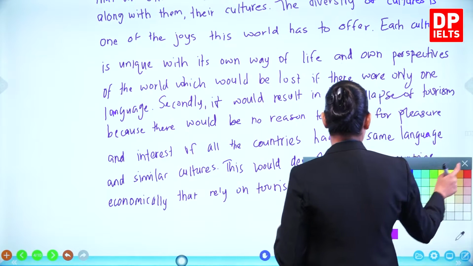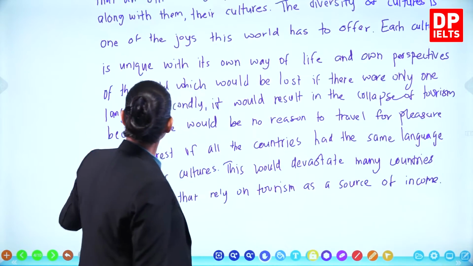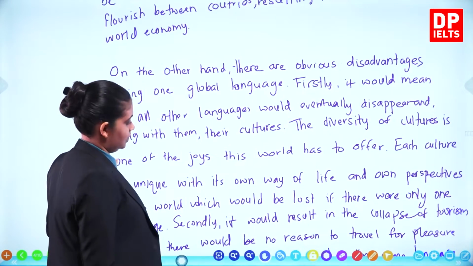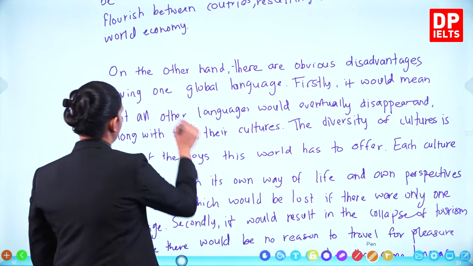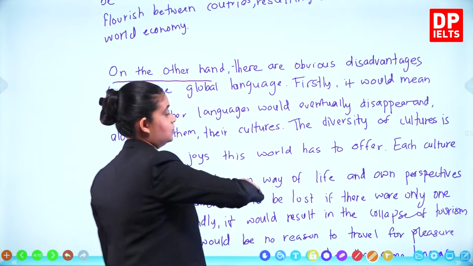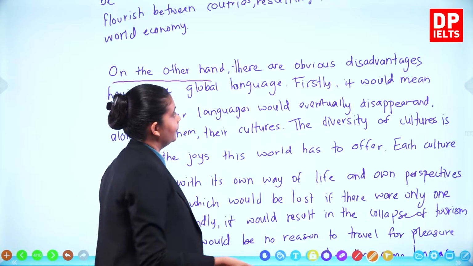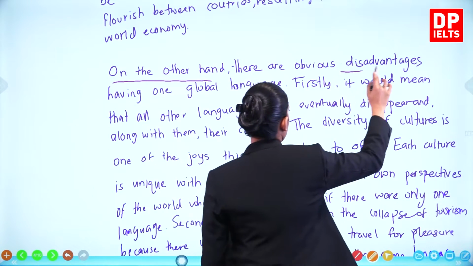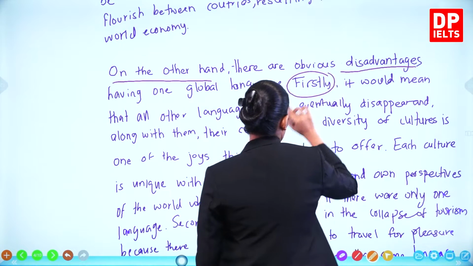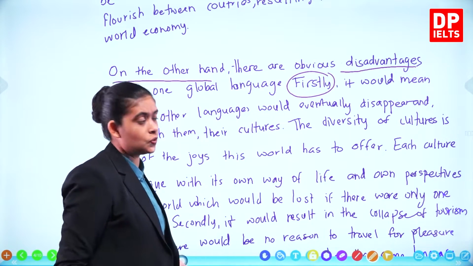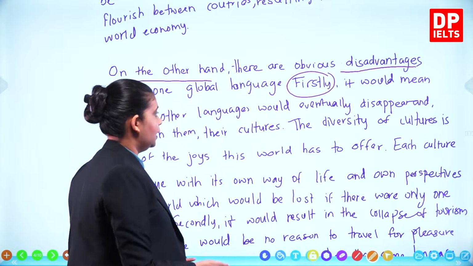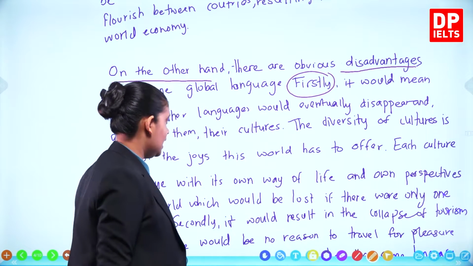Right, so looking at this paragraph, here I've written down the disadvantages, right? So I've used the cohesive device on the other hand to show that I'm talking about a different view, that there are disadvantages. Firstly, what would it mean? That the cultures would disappear, and the diversity would die.